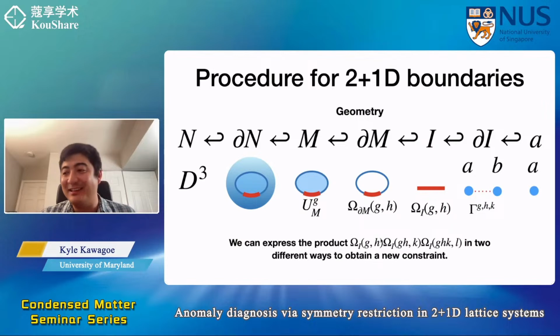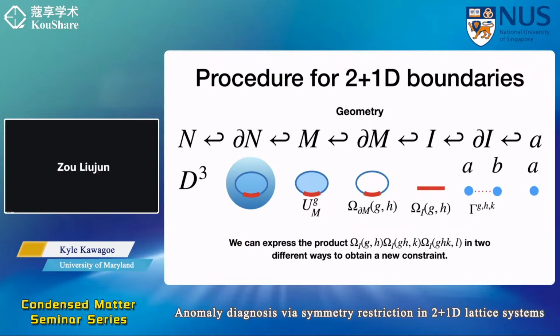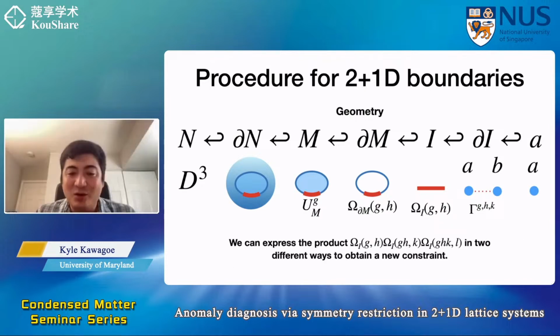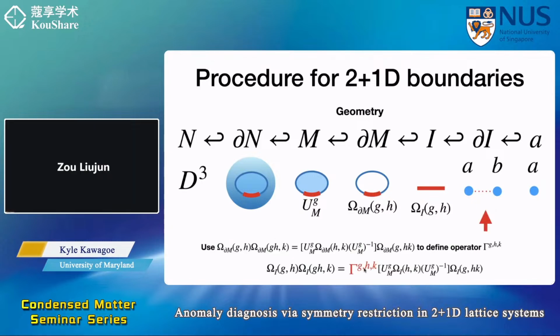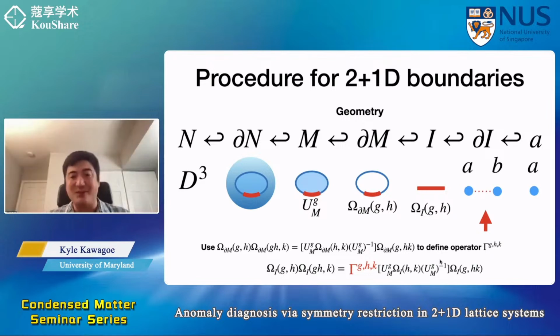So the idea is the pentagonator is basically if you write this expression in two different ways, the pentagonator gives you a way to relate those two different ways of expressing it, and that's what gamma is. Gamma is defined as the difference between these two expressions here.